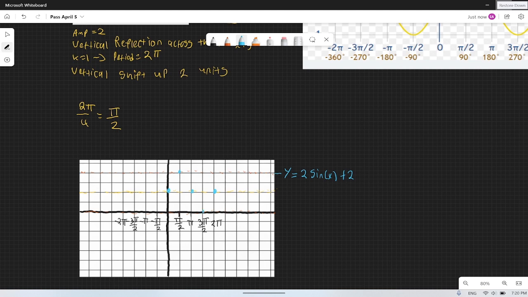And then we can just sort of repeat this cycle. So 1, 2, 3, 4. Then we can just sort of sketch that.